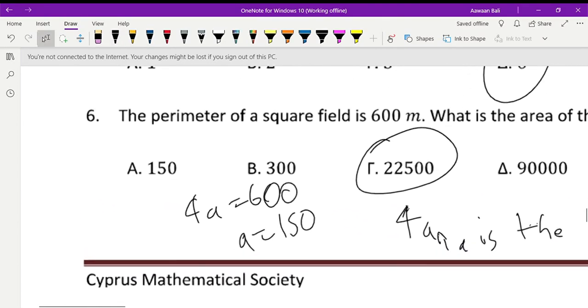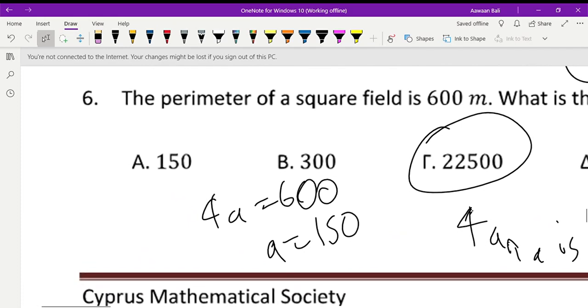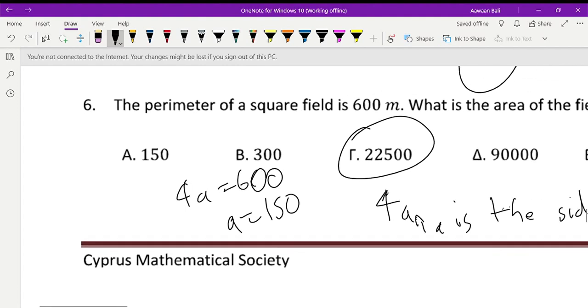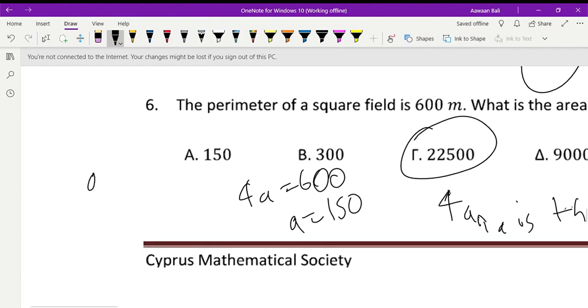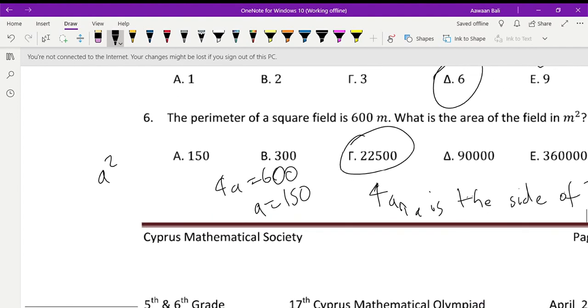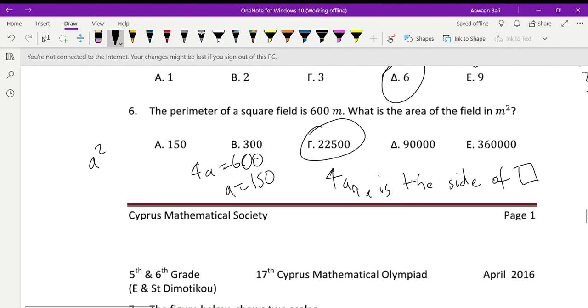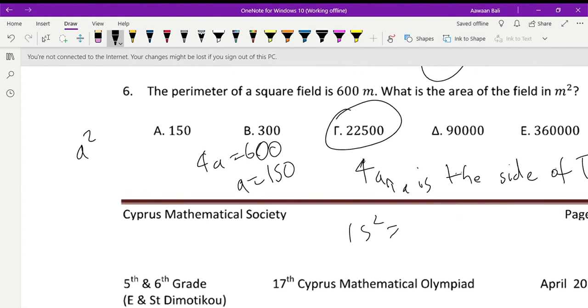Basically, what we just did here is we treated both sides the same. We divided both the left hand side and the right hand side by 4, and you get a is equal to 150. Now we just square it, because a squared, where a is again the side of a square, is the area of a square. So 150 squared is, if you know 15 squared, that's 225.